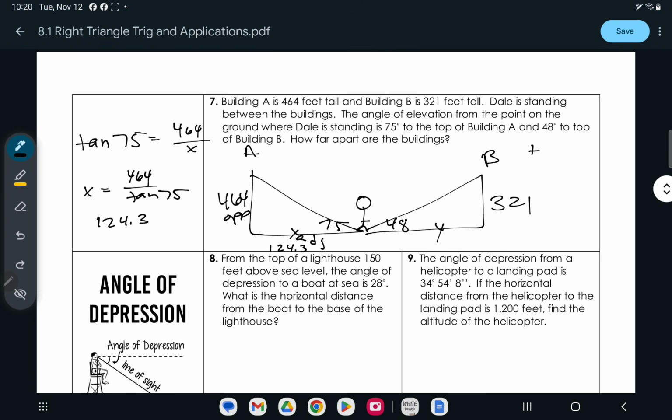And then same thing over here. Tangent 48 is 321 over y, and y is 289. So then I just add the two together. 124.3 plus 289 gives 413.3.